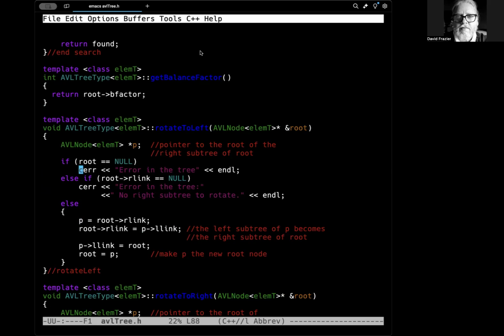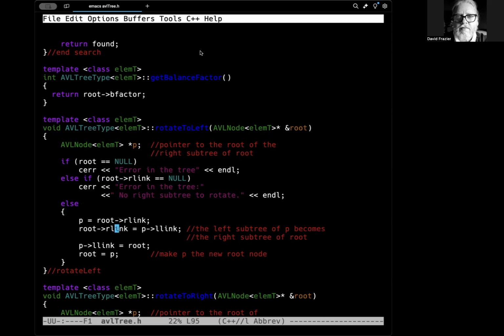You're trying to rotate and there's no tree to rotate. And root here will not necessarily be the root. It's the root of this recursive call. And then we're going to look to see if the right link of the subtree that we're trying to do is equal to null. There's also a problem, and then we can't rotate in that direction on this rotate to left.